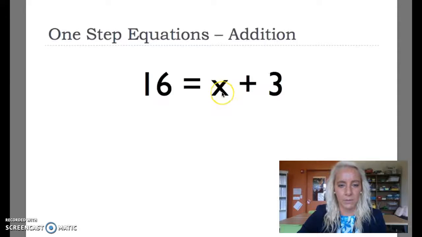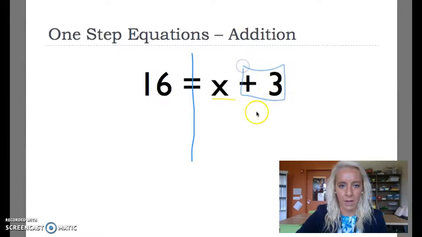This equation is different than the last example because the variable is on the other side of the equal sign. But our process is still going to be the same. Again, as a strategy, draw a line down the equal sign to show the balance between the two sides. The inverse operation of adding 3 is subtracting 3.